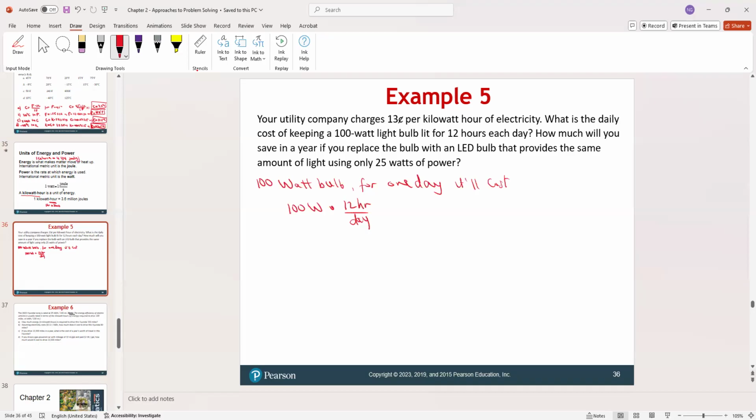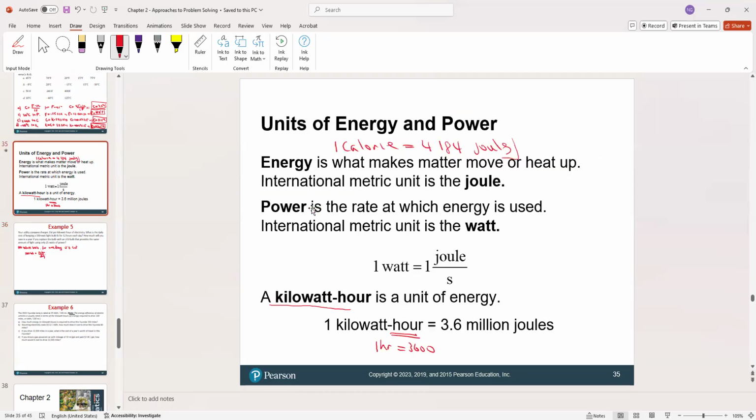Remember, our goal is to convert it, because in order to answer questions like this, we need to put it in kilowatts. So what is 1 kilowatt in watts again? I said kilo in the previous examples.